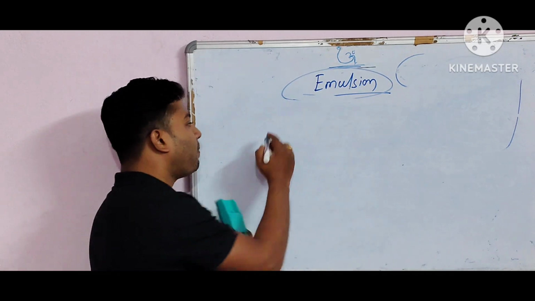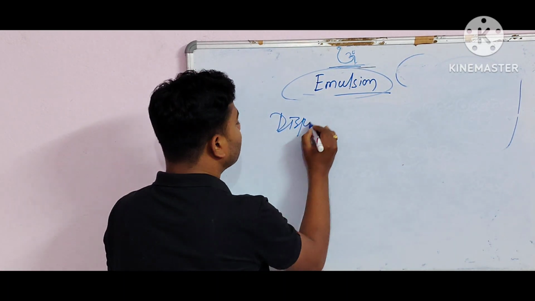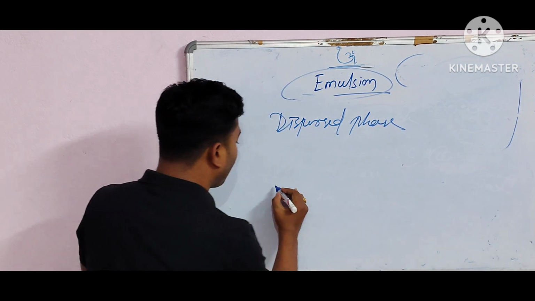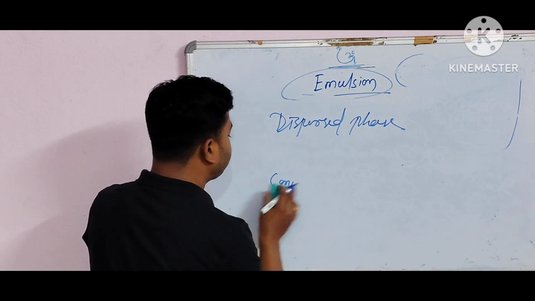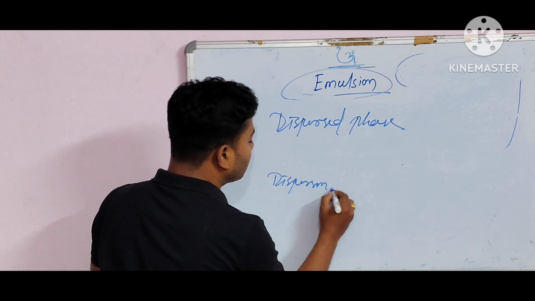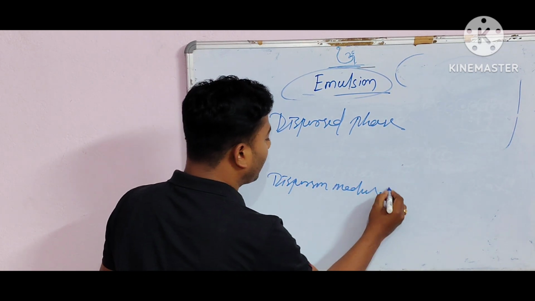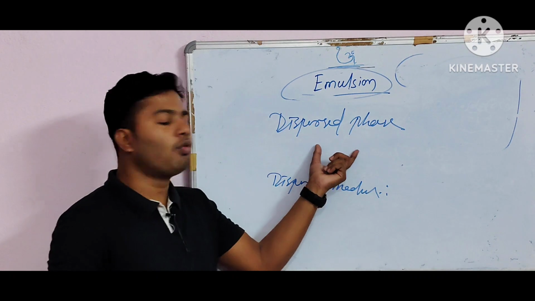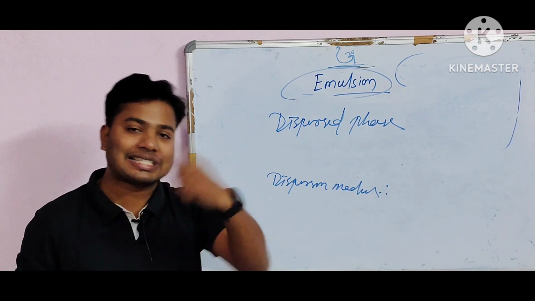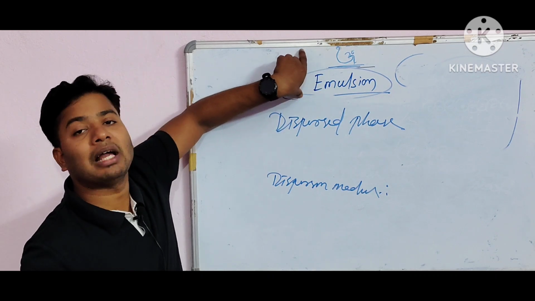One is the dispersed phase, and another is the dispersion medium. First of all, you should know what is meant by dispersed phase and dispersion medium, so that you can easily understand what is meant by emulsion.